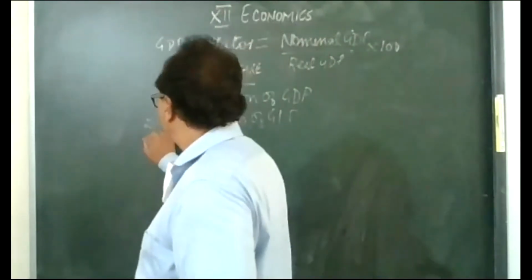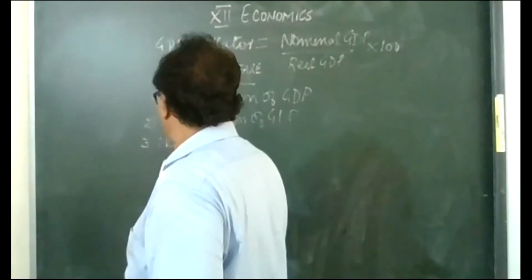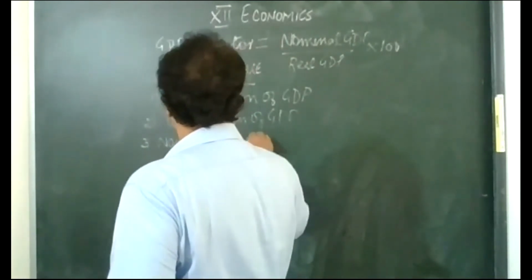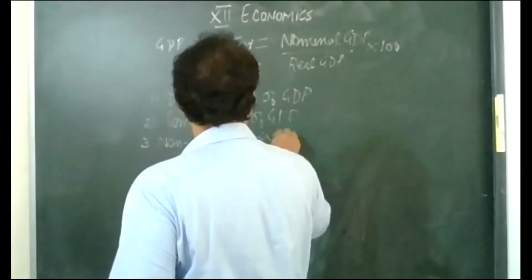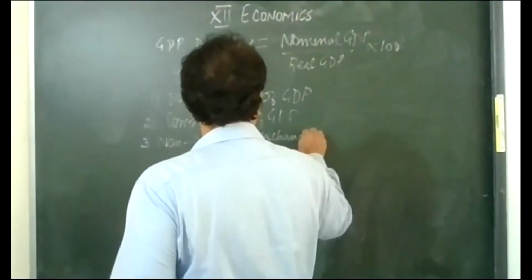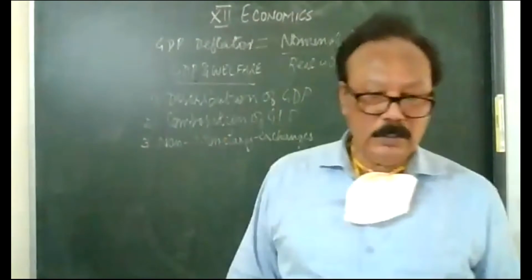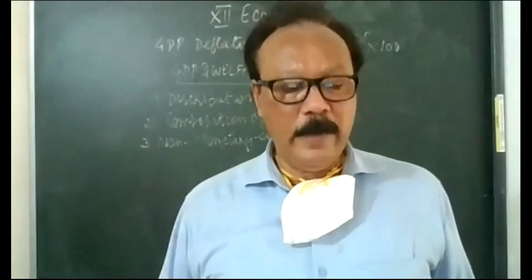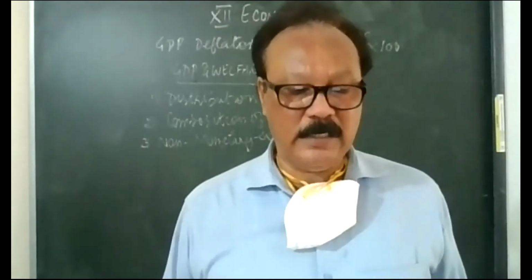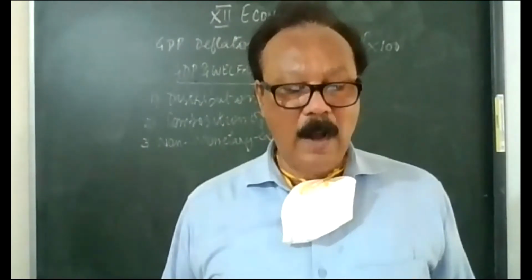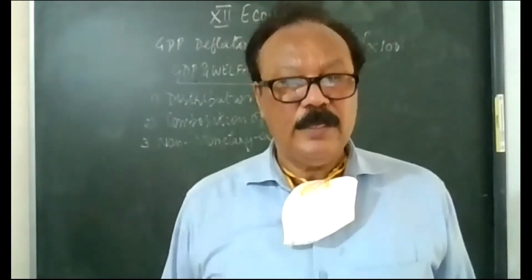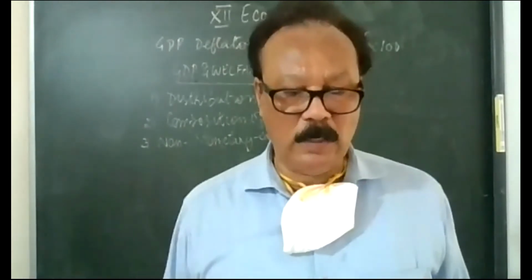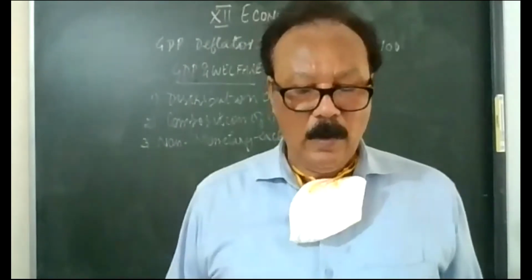Third, non-monetary exchanges. Now, what are these non-monetary exchanges? In economies like that of India, let's take India as an example, the barter system of exchange still prevails in the villages and sometimes in small towns. Right or wrong?